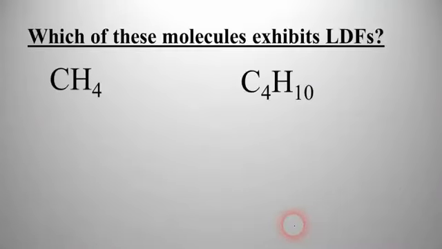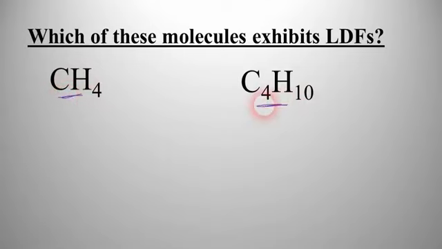Well, let's take a look at a couple of examples. The first question: which of these molecules exhibits London dispersion forces? If you recall back to the notes earlier, we said that every molecule has LDF forces, so it would be both of them.